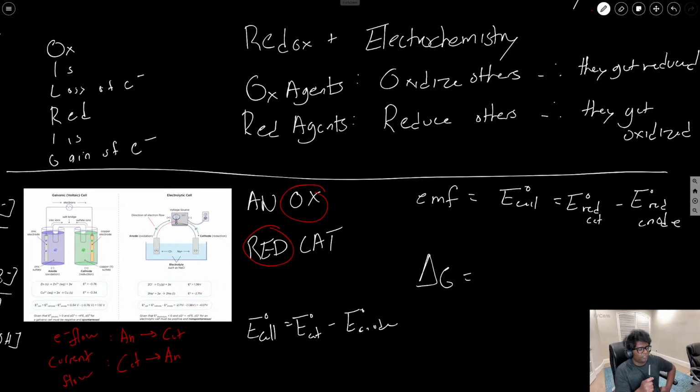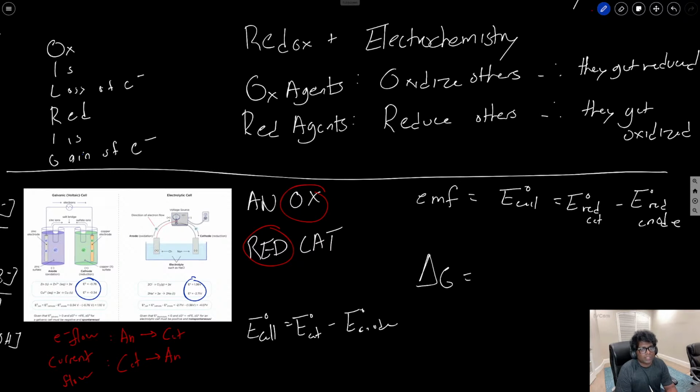Let's talk about reduction potentials for a second. Reduction potentials will be given to you in a chart, and you have to know that the higher a reduction potential is, the more likely it is to be reduced. The lower it is, the more likely it is to be oxidized.